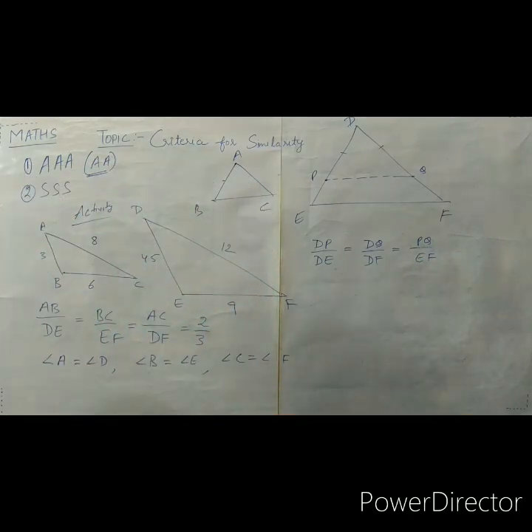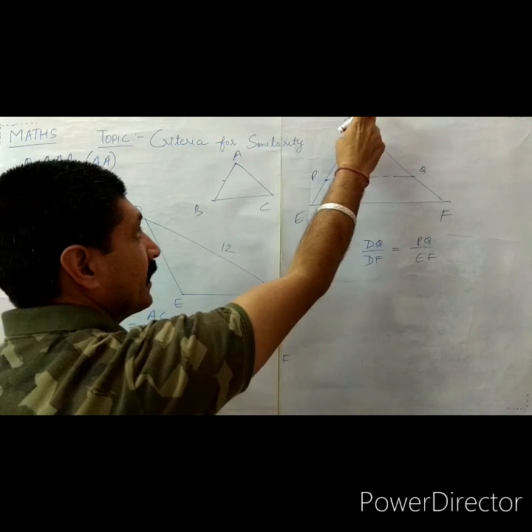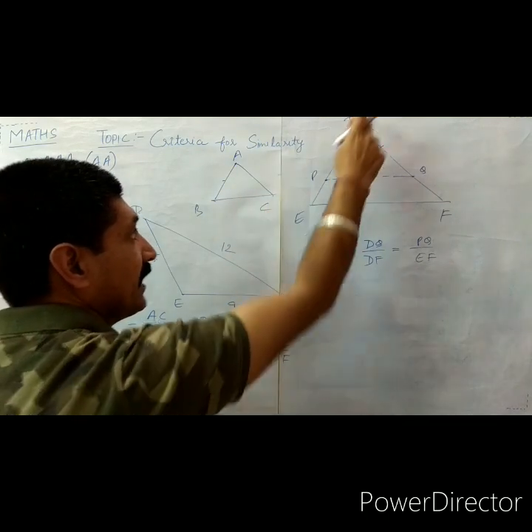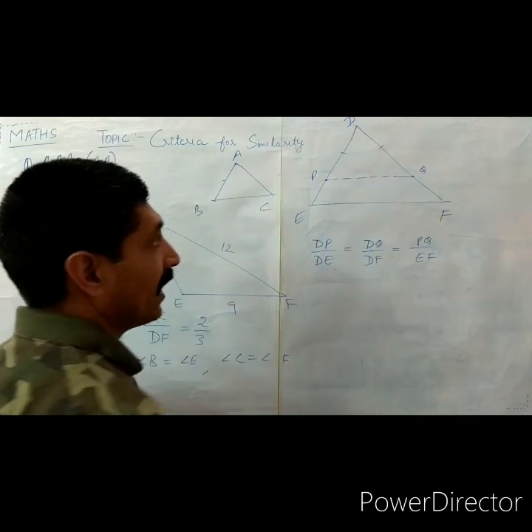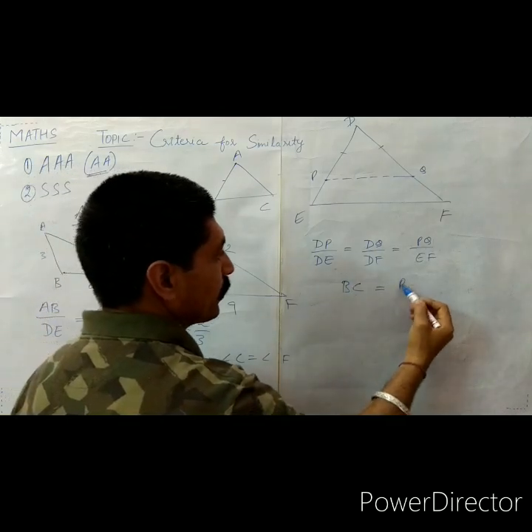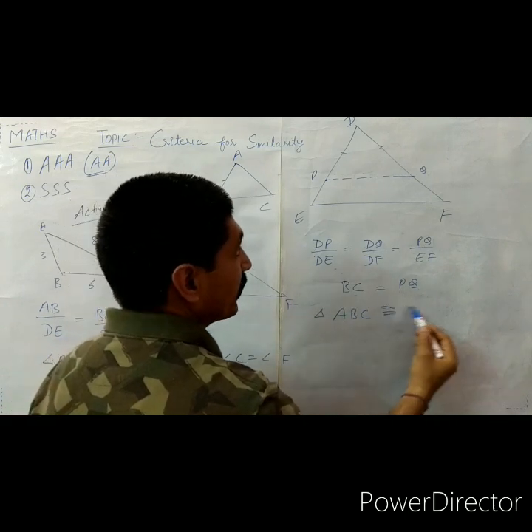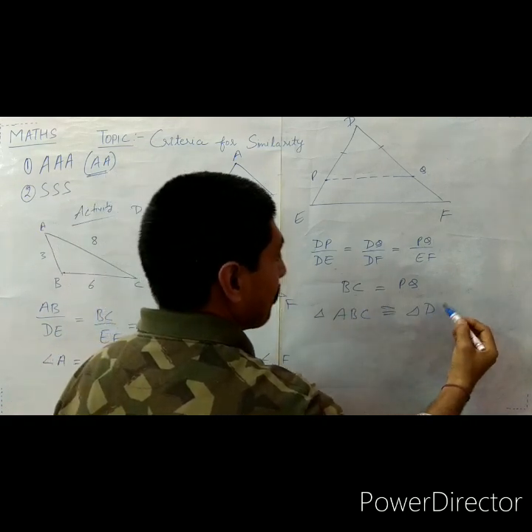So here we have these two triangles ABC and DPQ, and they are congruent because BC is equal to PQ, and triangle ABC is congruent to triangle DPQ.